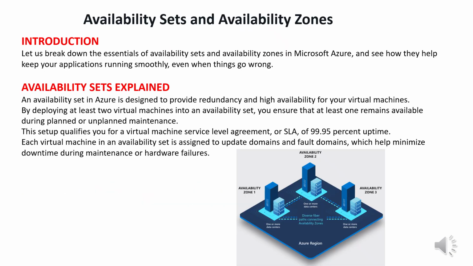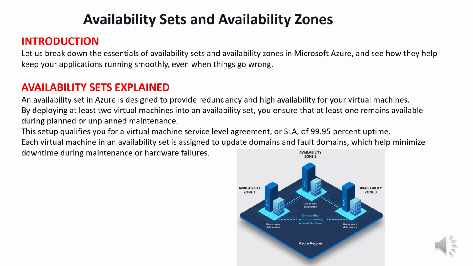Let us break down the essentials of availability sets and availability zones in Microsoft Azure and see how they help keep your applications running smoothly, even when things go wrong. Availability sets explained. An availability set in Azure is designed to provide redundancy and high availability for your virtual machines.